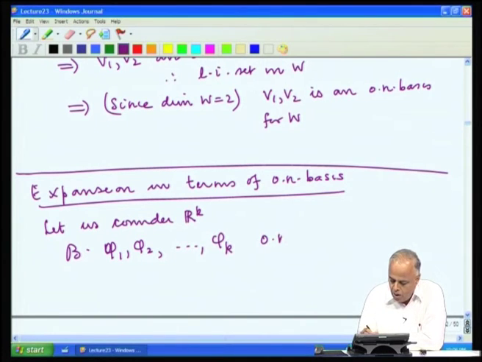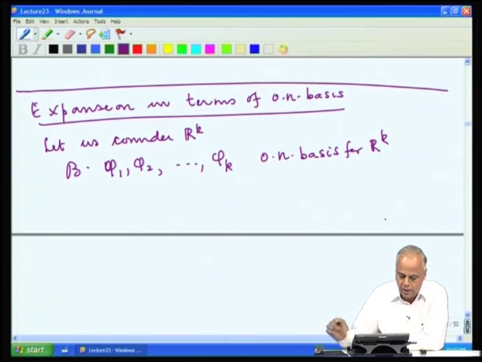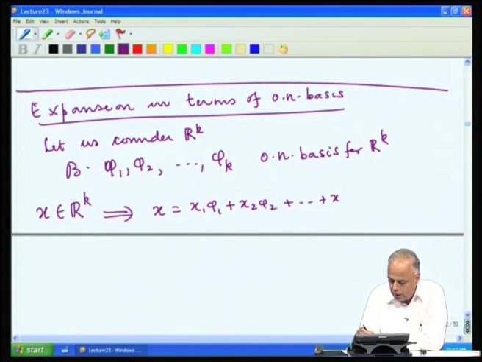So, suppose we have an orthonormal basis for R k, then any vector x in R k, we can expand it as x is equal to x 1 phi 1 plus x 2 phi 2 plus x k phi k.